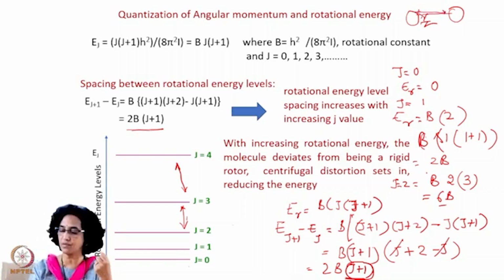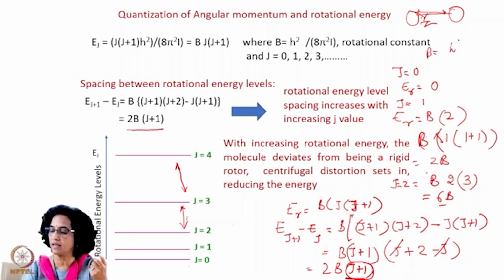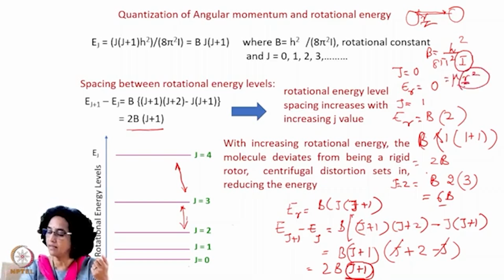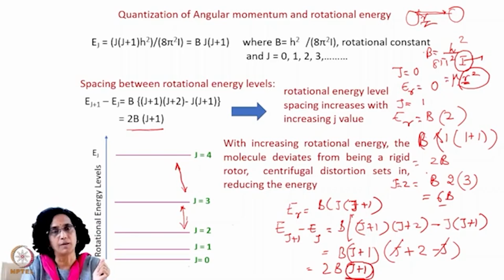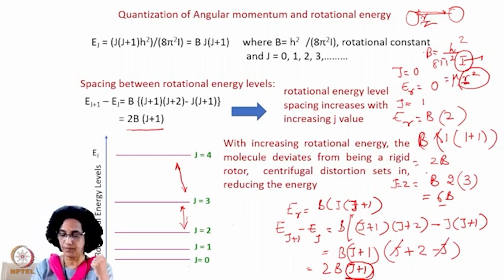When R increases, you know that B, which is h square upon 8 pi square I, has this I term in the denominator. This I is nothing but mu into R square, where R is the bond length. So when the bond length increases, I increases, and therefore B reduces. When B reduces, the spacing also tends to reduce. It is still increasing overall, but there will be a reduction because of this centrifugal distortion.